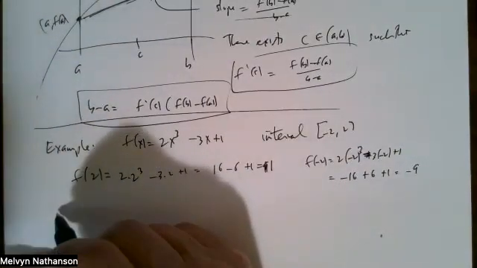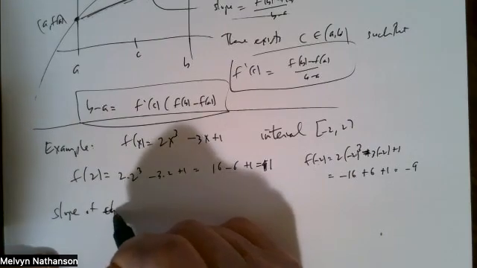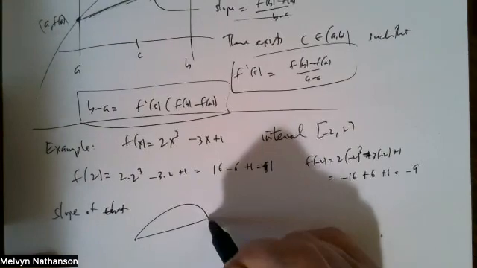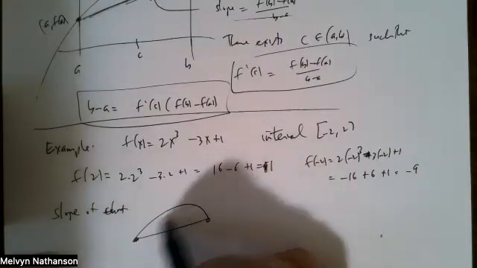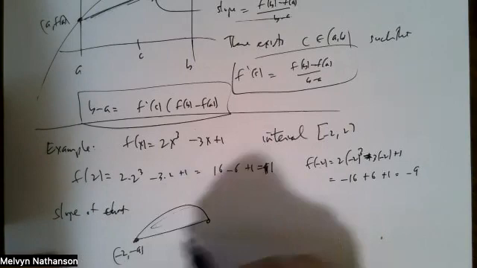So what is the slope of the chord? Again, we have a curve. Say it looks like this. Here, this is the point minus 2, minus 9.